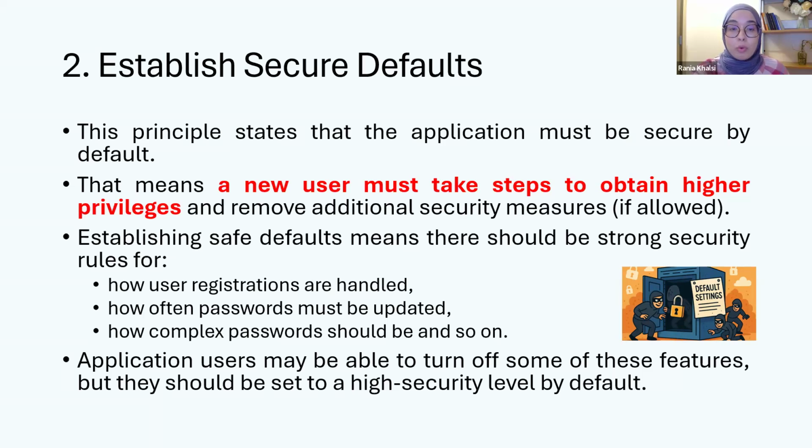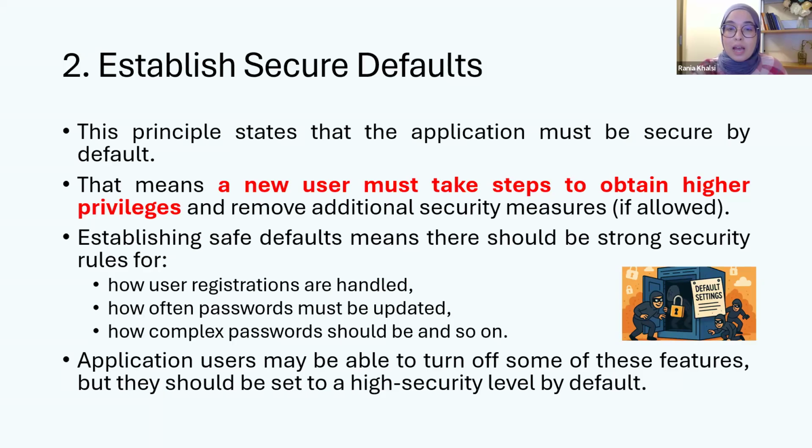Secure defaults apply to many aspects of an application, such as how user registrations are handled, how often passwords must be updated, and how complex passwords need to be. So while some users may be allowed to turn off certain security features, these features should always start at a high security level by default.